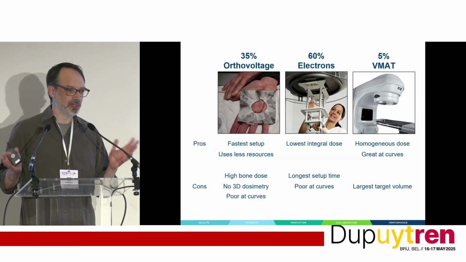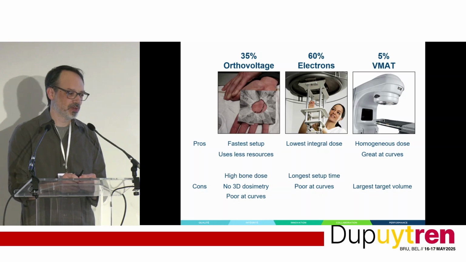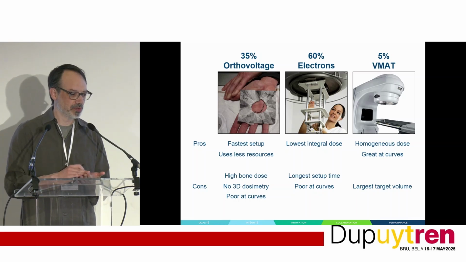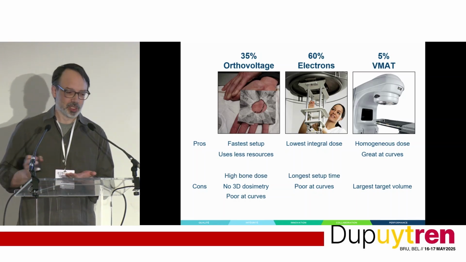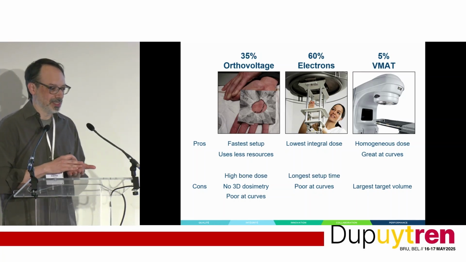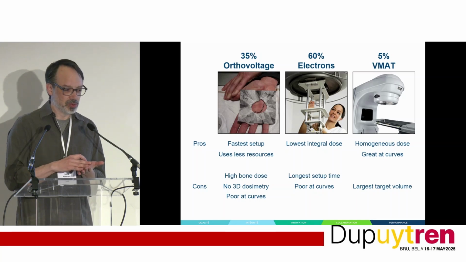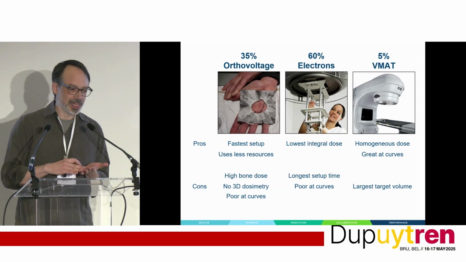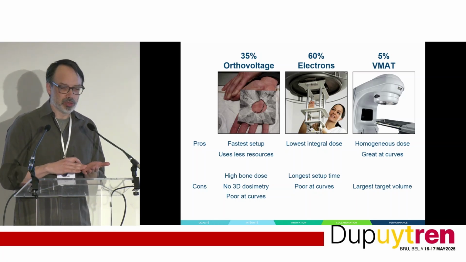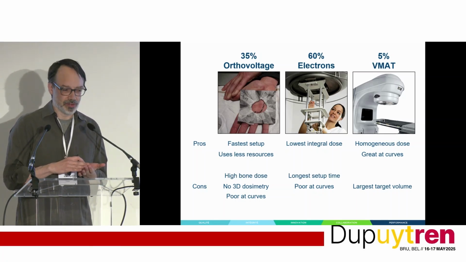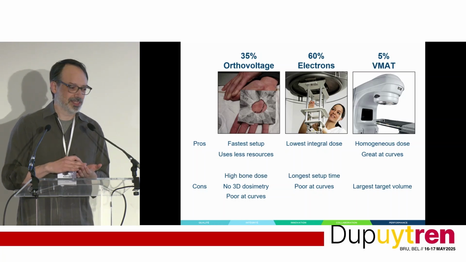So we offer 3 of the techniques for radiotherapy. The superficial radiotherapy is convenient because it's a relatively simple device, but you don't get to see in 3D what you're doing. It definitely gives higher bone dose, and it doesn't deal well with patients that have curved hands.